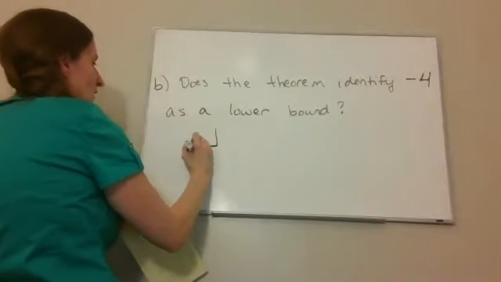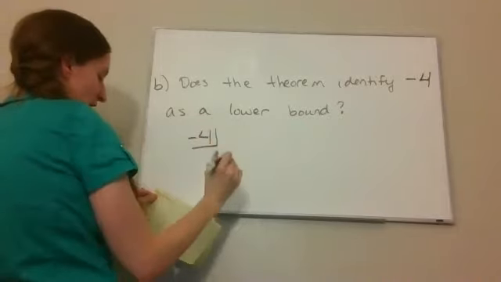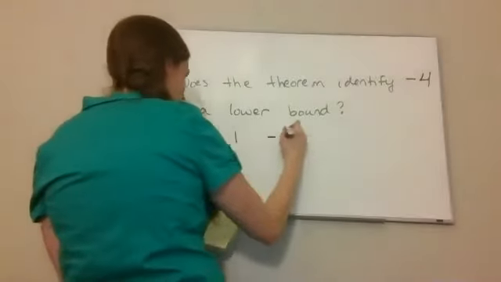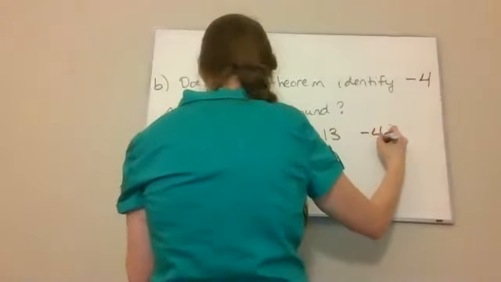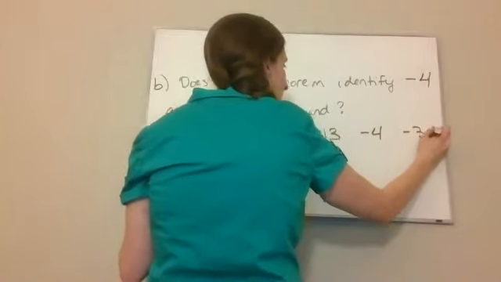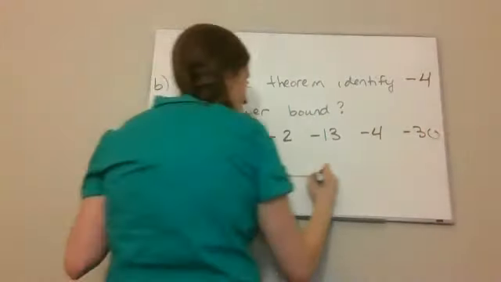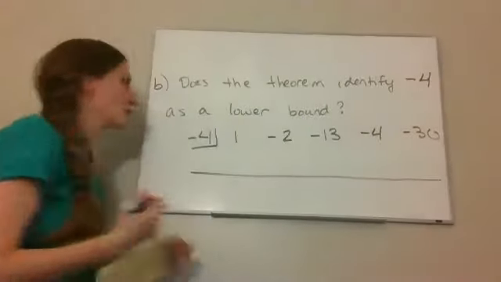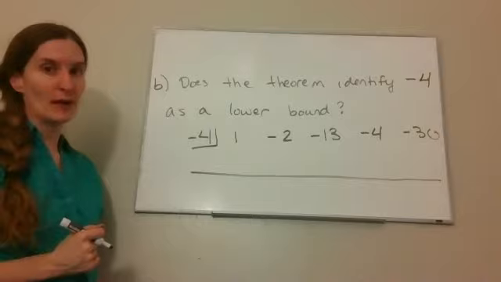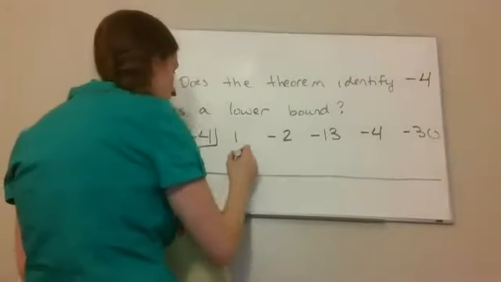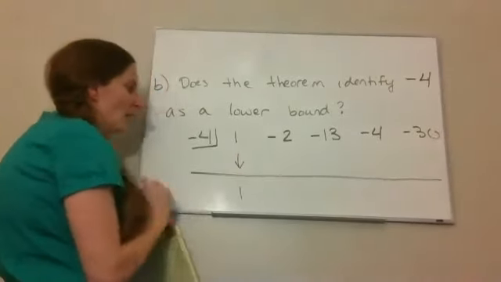Well, for that, we're going to do synthetic division again. Negative 4 in the box, put all of our coefficients next to it, and do synthetic division. Now remember, for the lower bounds, we need it to be alternating in sign all across the bottom for it to be a lower bound. So I start with a positive.